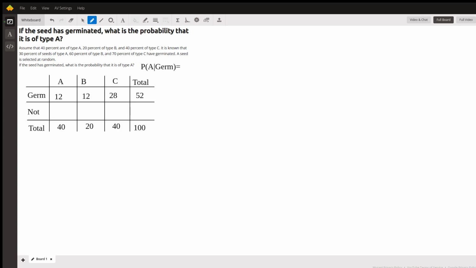So we are going to look in the category of the germinated. So out of those that are germinated total, that's 52. How many are A? In that category, it's 12. So 12 out of 52 is the probability.